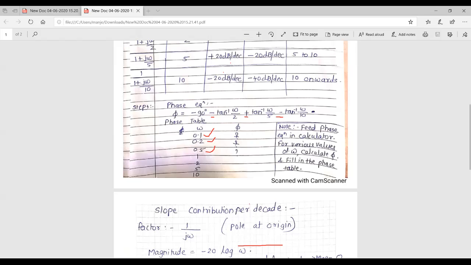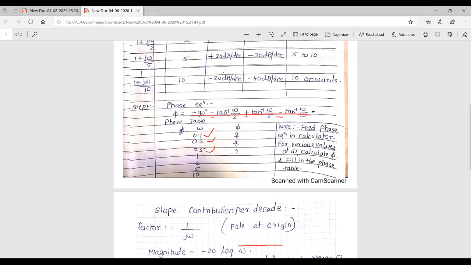Now, in your calculators, you have the feature to enter the whole equation at a time and then just keep on changing the value of omega. So feed the phase equation in the calculator directly and then for various values of omega, you can write down the value of phi. I have not written the complete table. Once the table is ready, you just need to plot it against various values of omega.